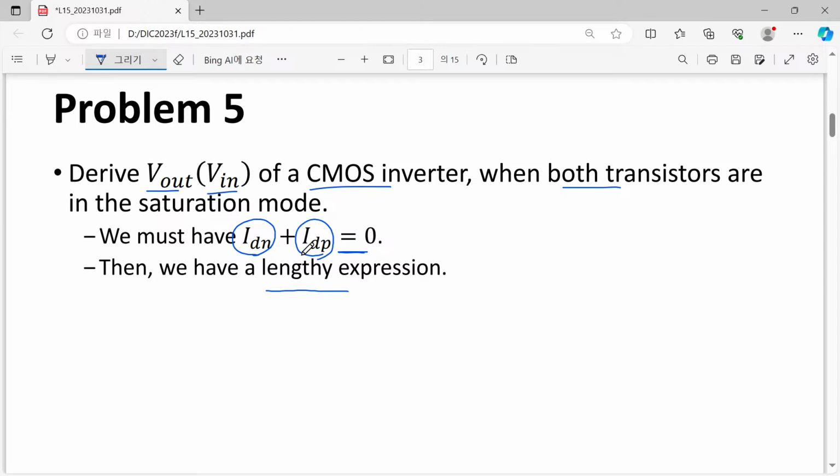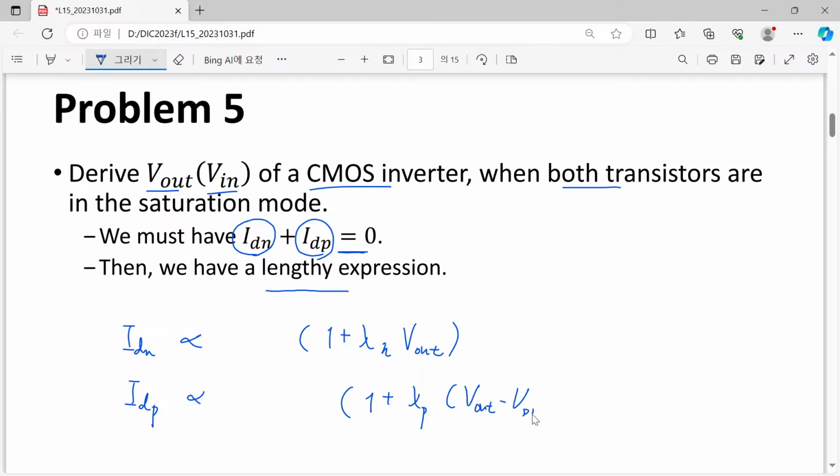Due to the output resistance, we have the terms like 1 plus lambda n of our output variable; ID,n is proportional to this quantity, and IDP is also proportional to 1 plus lambda p, and V out minus VDD. So this is a negative quantity and this is also a negative quantity.